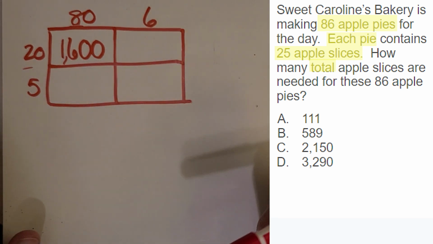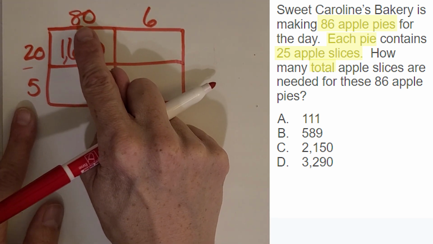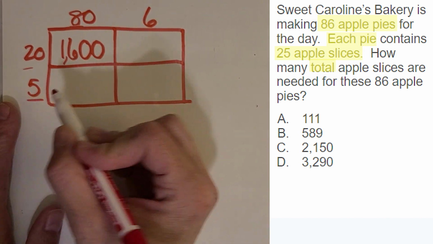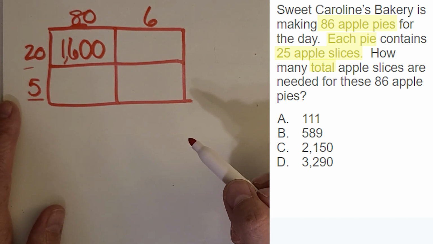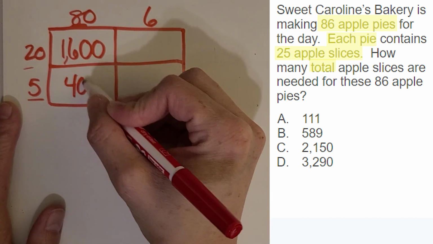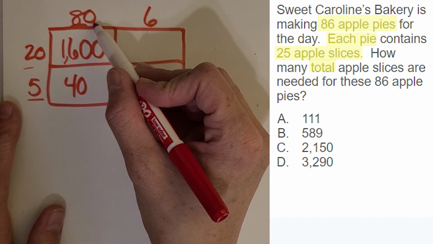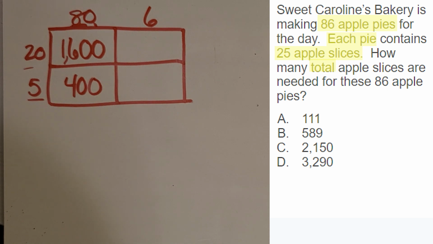Okay, then let's move along to the next box. I can do this one next. 80 times 5. So I start with just a basic fact, 5 times 8. Okay, what is 5 times 8? Okay, 40. And then there's another 0. There's a 0 in the factor, so I better put another 0 in my product.